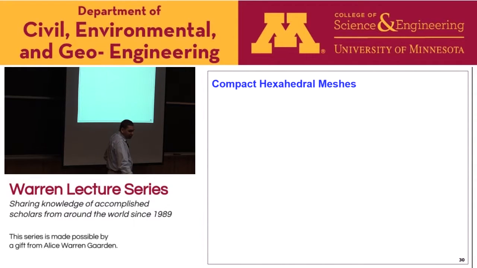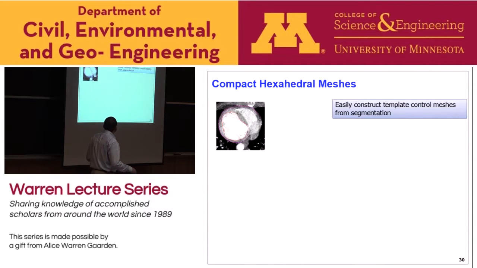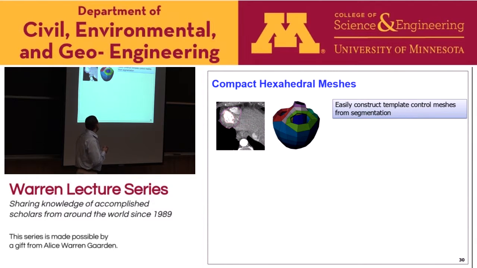One way we could do that is use what are called complicated template meshes. So what we do is we take the MRI or CT scan images from patients and construct this coarse template mesh, which essentially consists of these sort of planar faces, and then we convert that into hexahedral cubic Hermite elements.